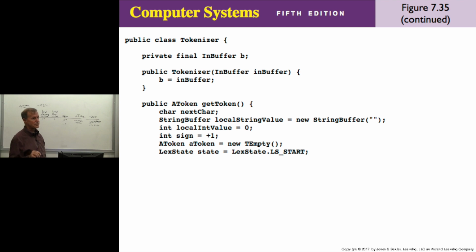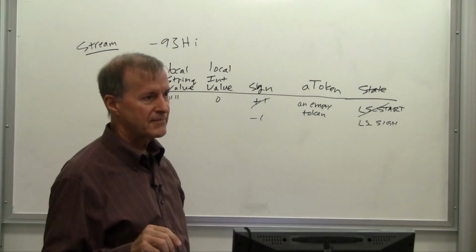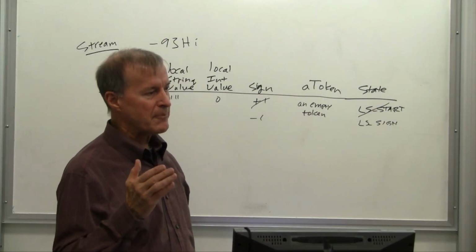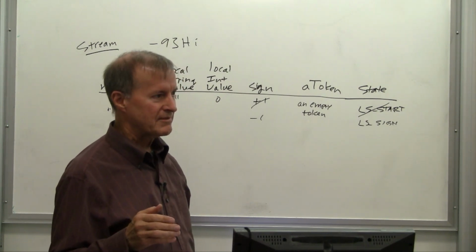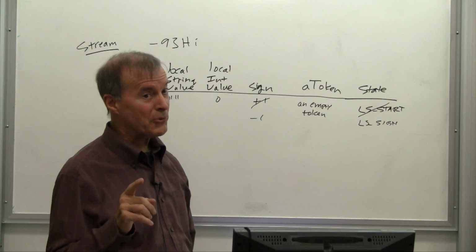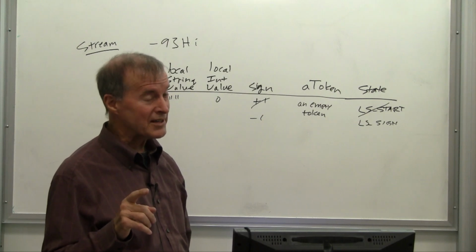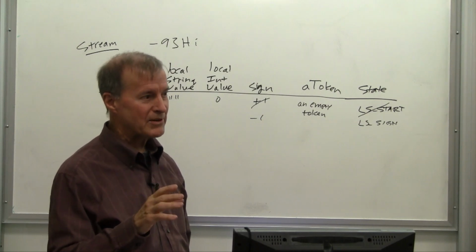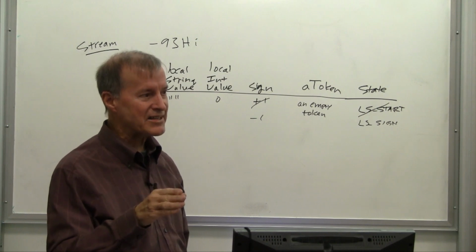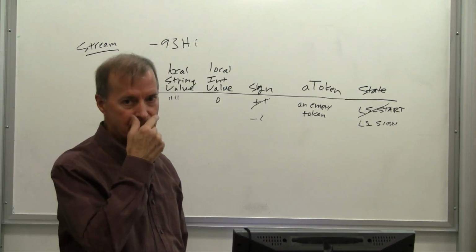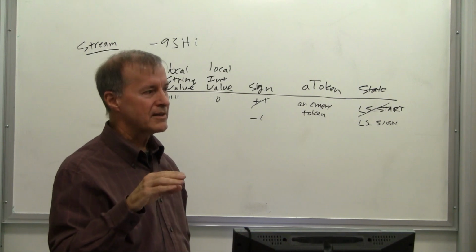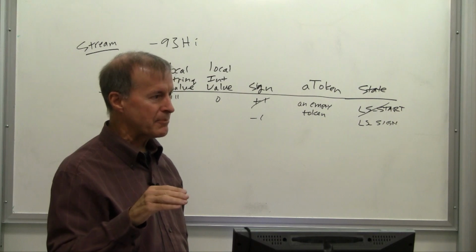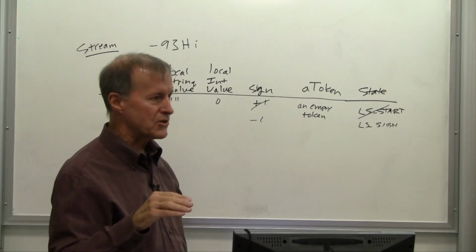It's a trick question. Is it capital A token, or is it empty token? It's a trick question because it's both. Remember, it has a static type. The static type is A token. The dynamic type is empty token.